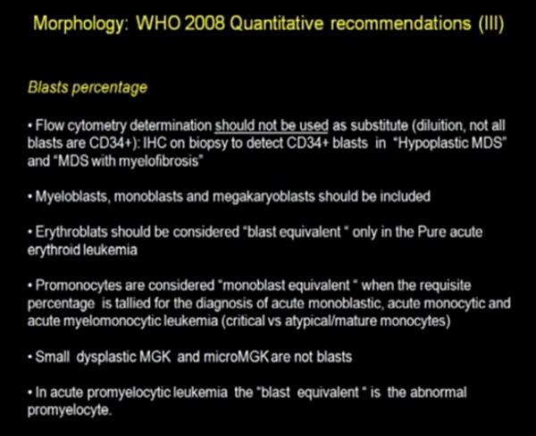But up to now, the blast count for the diagnosis is those obtained by the microscope. Obviously, there are several cases in which flow count is important for the diagnosis.